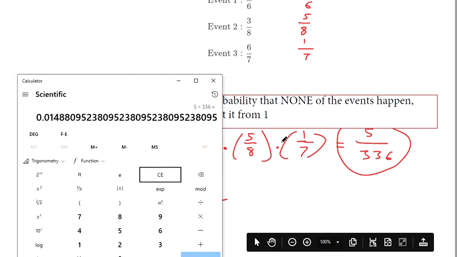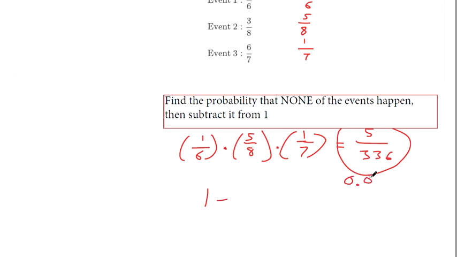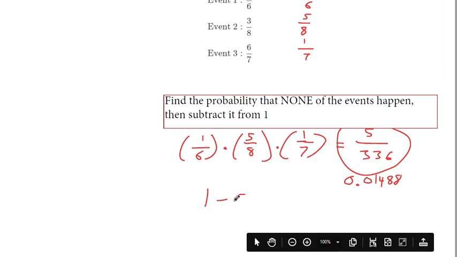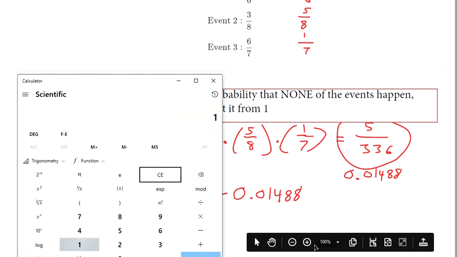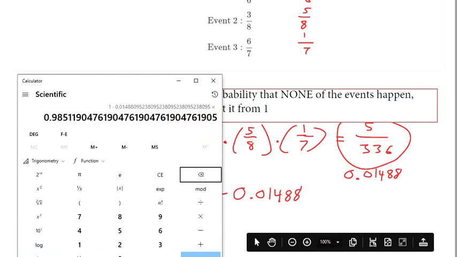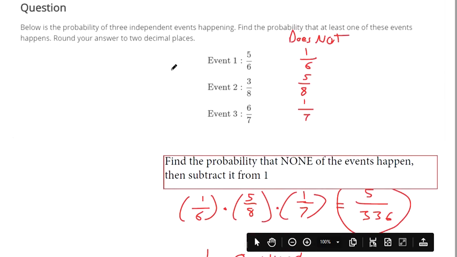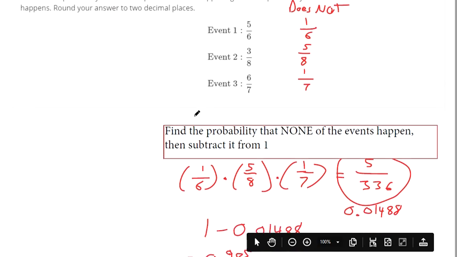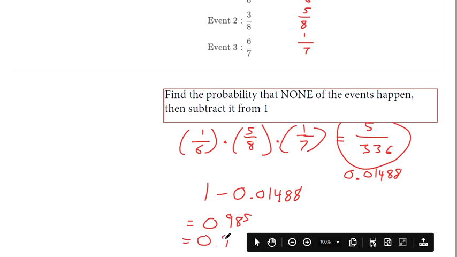That's 0.01488 for the probability. If we subtract that from 1, we get 0.985. I think they said 2 decimal places though, so we have to round to 2 decimal places. So that's 0.99.